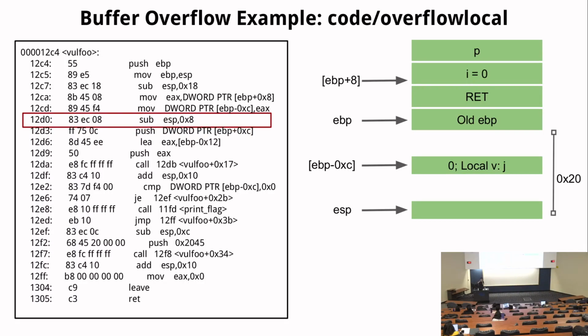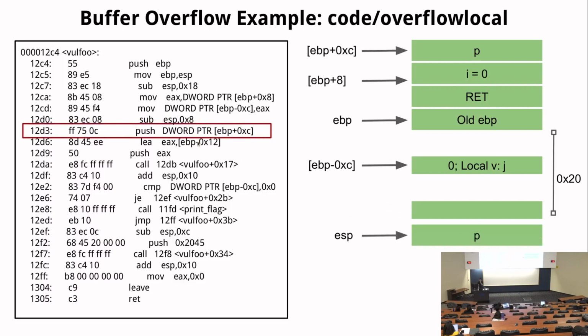So we're going to push those 2 arguments onto the stack from right to left. So we first push the source, then push the destination, right? The first push here is push whatever is in EBP plus C. That is actually our source, right? That's what we input at the command line.